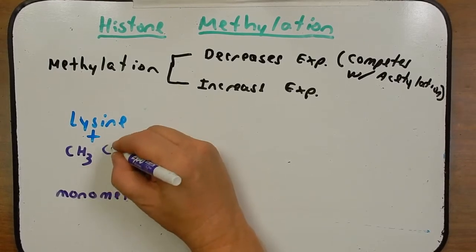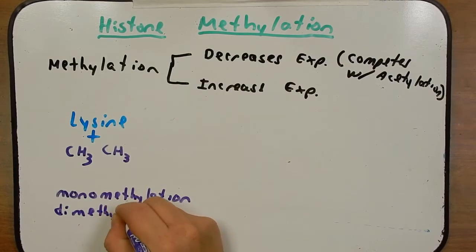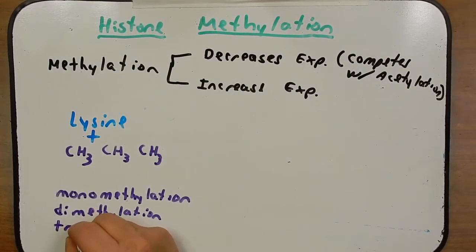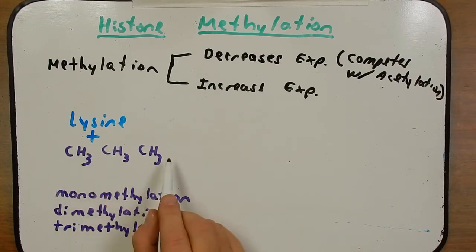We could add two methyl groups to it, and we would call that dimethylation. We could also add a third to it, and wait for it, this will be quite shocking to you, I'm sure, but we call this trimethylation. So whether a particular lysine has 1, 2, or 3 methyl groups can determine the effect on expression it has.